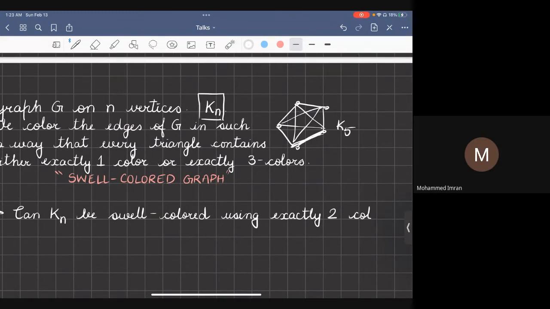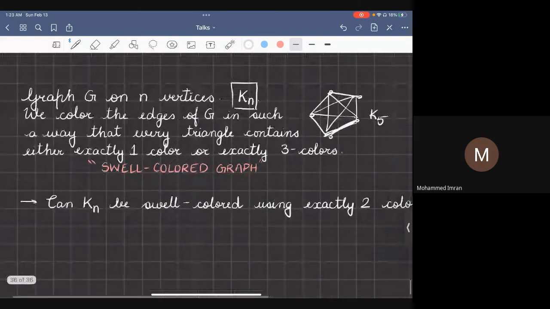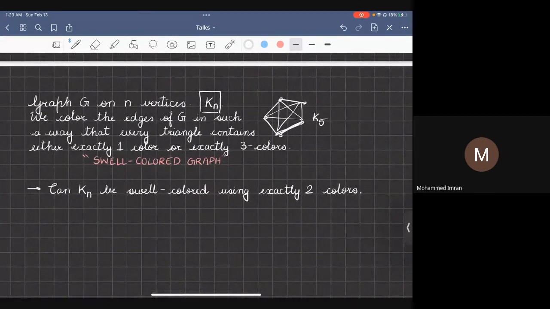Because two colors means there should be a triangle which has both the colors, but it should be three different, and you have only two. Why should there be a triangle that uses both colors? Because if there is not, then it will be a swell coloring with only one color. Why?